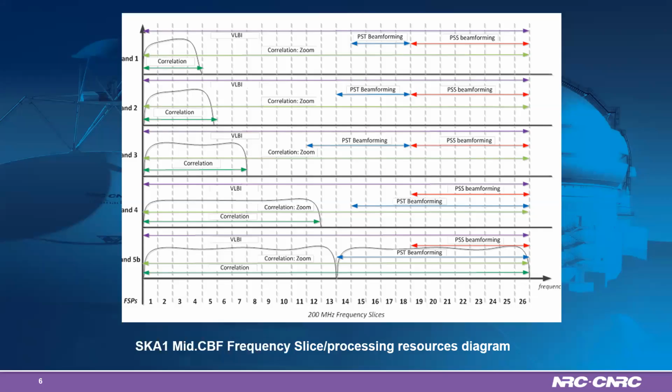And as you get up into band 5, where there's 5 gigahertz of instantaneous bandwidth available for imaging, if the full bandwidth is being correlated, then that's using all the FSPs and there aren't any available for other functions. And if in band 5 you want to be doing pulsar beamforming or VLBI, it needs to be traded off against correlation for imaging.